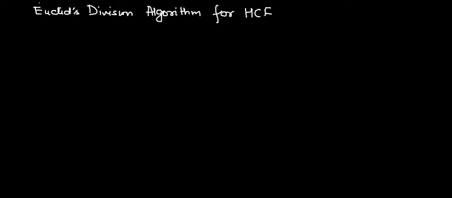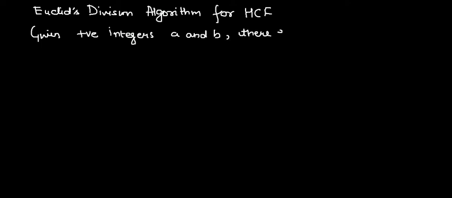Essentially, this division algorithm says that given positive integers a and b, there exist unique integers.